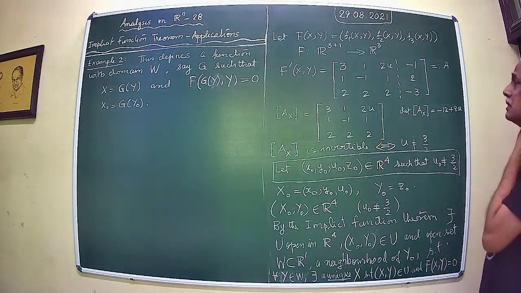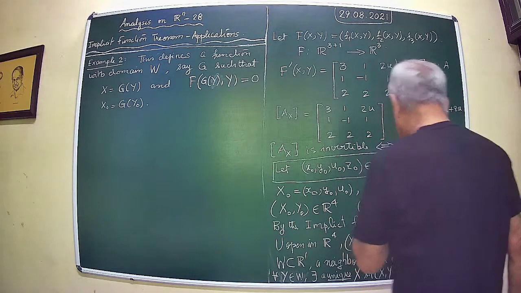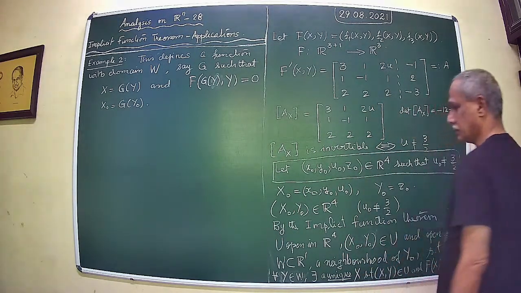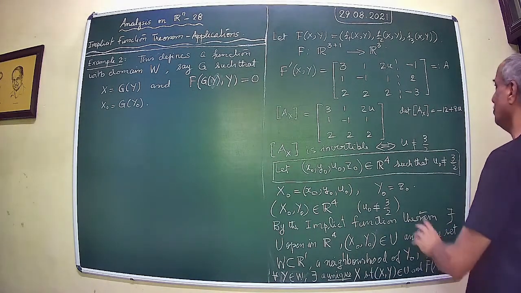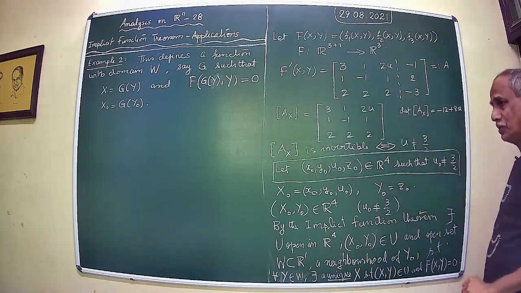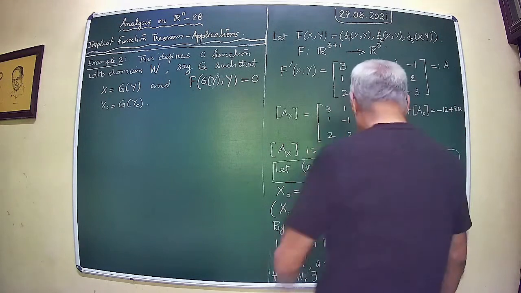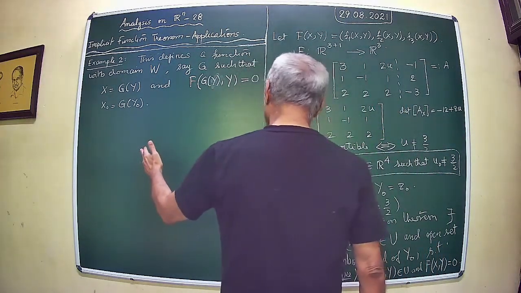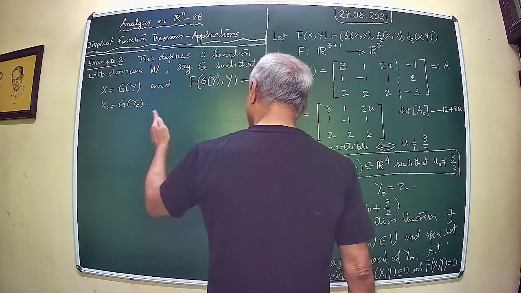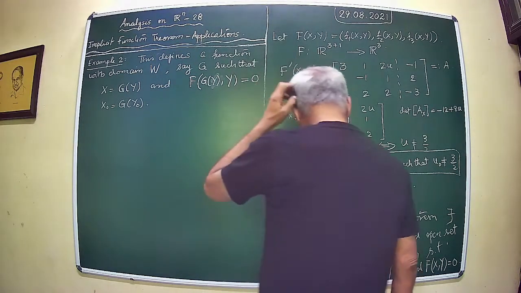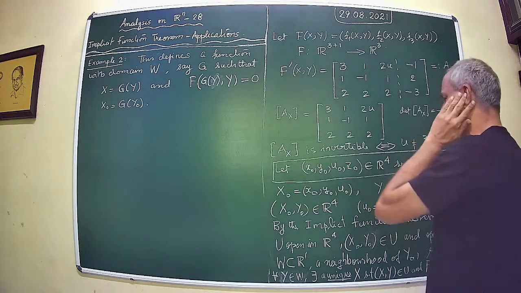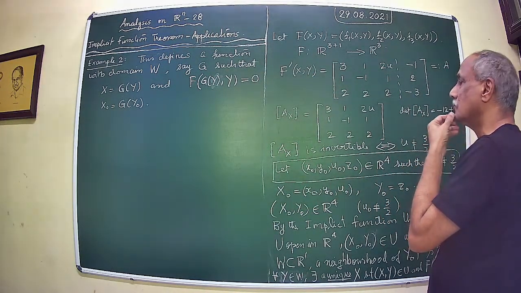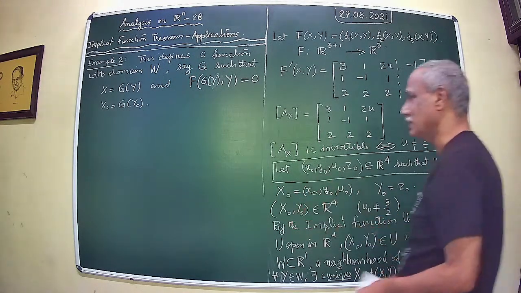It says corresponding to each y there is a unique x, or in other words, you can solve the given set of equations given y, you can solve it uniquely for x, y and z in some neighborhood of the point x naught, y naught. Okay, that's what it means.